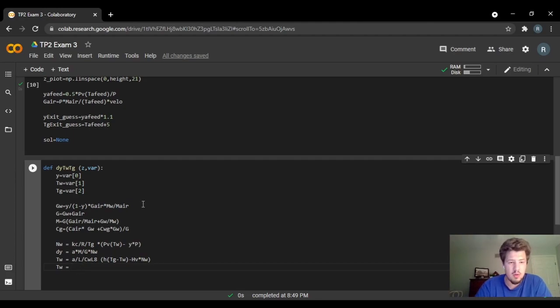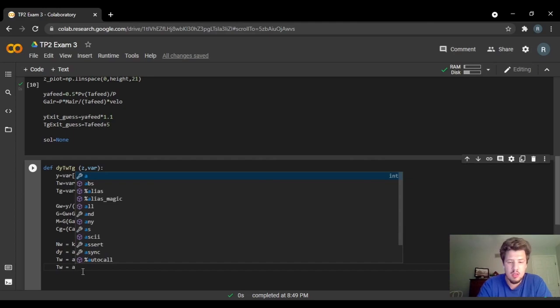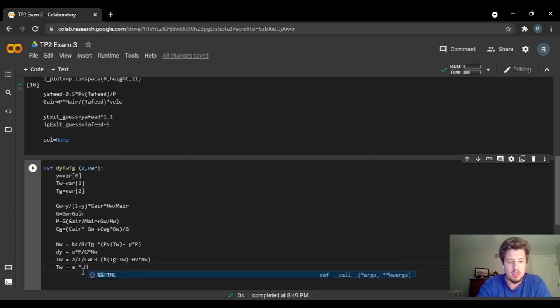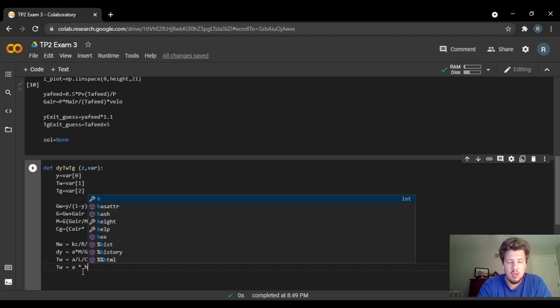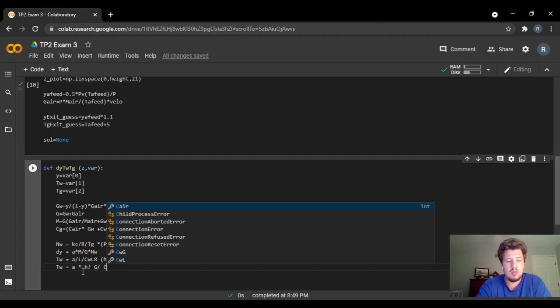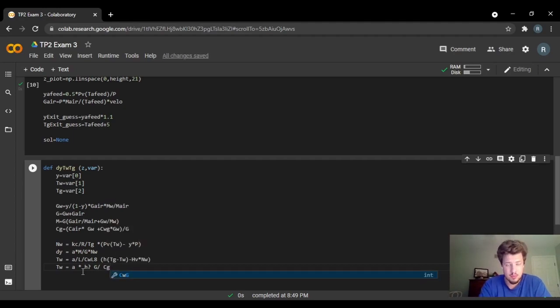and we have the specific area times the heat transfer, divided by the gas flow rate, divided by the heat capacity of the gas, times the gas temperature minus the water temperature.